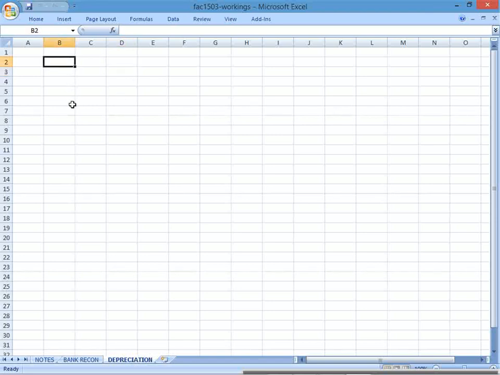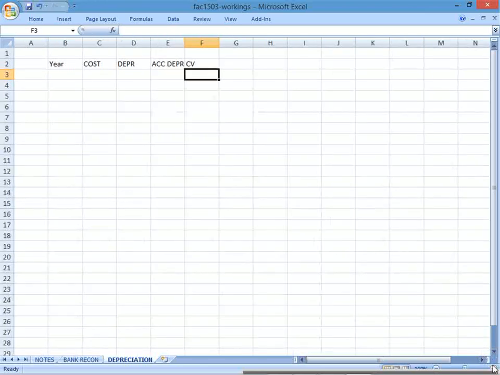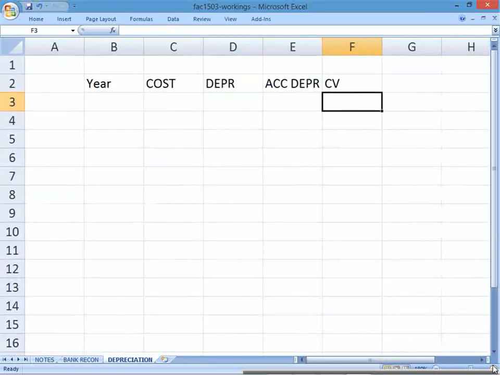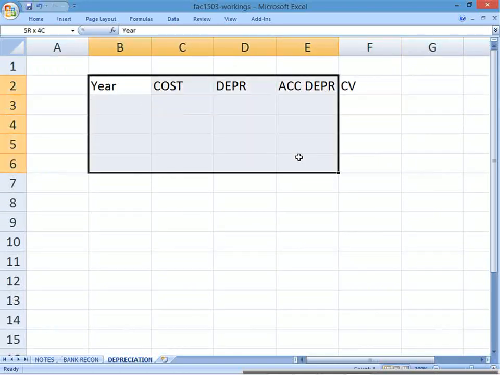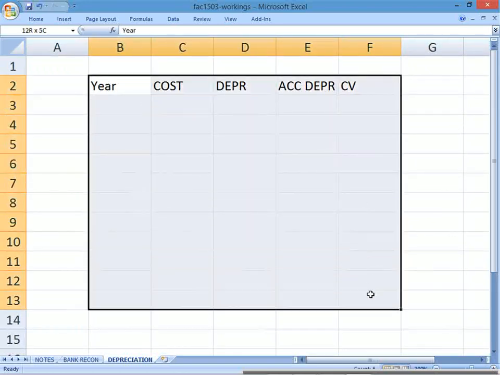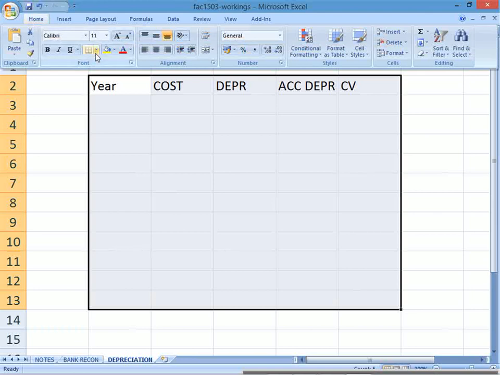Alright, so you need columns. You need the year, you need the cost, you need the depreciation, you need the accumulated depreciation, and you need the carrying value. Right, so if you're looking at any depreciation question, you're going to want to know what those amounts are.